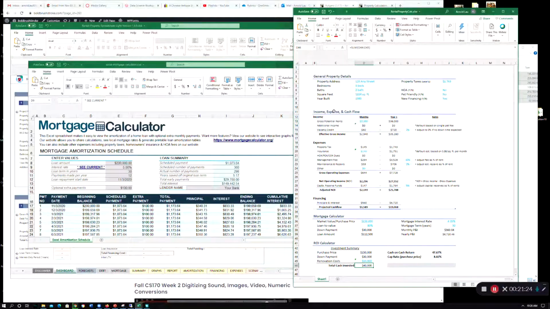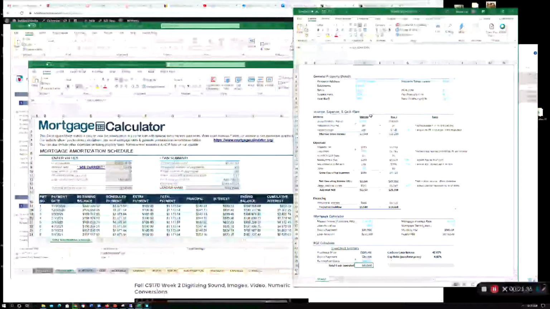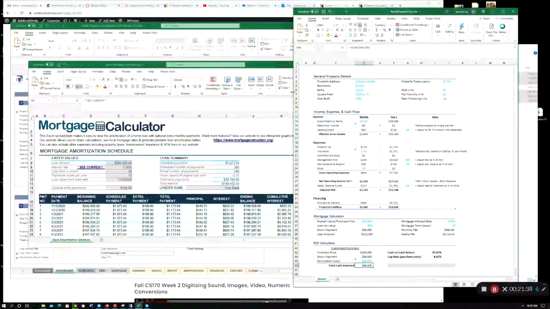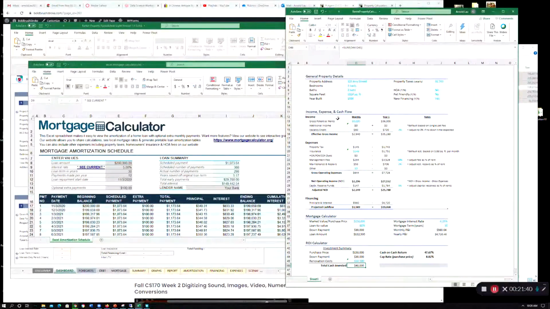Here's basically an Excel spreadsheet to do some initial evaluation of a property. Now, investment property, let's say. When you look at this, these are some pretty common terms, and even then, you can get pretty fancy with this, right? So you can see all kinds of references here.